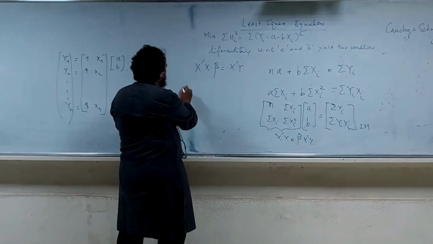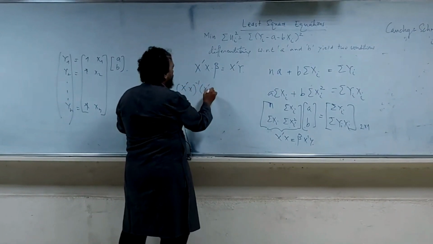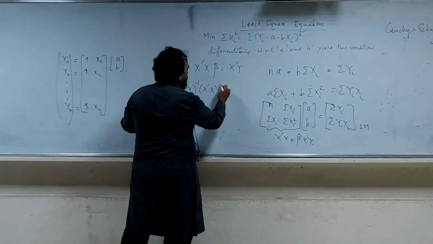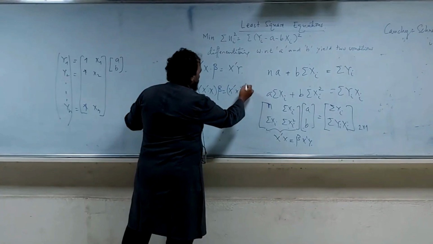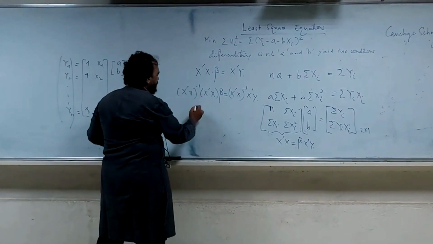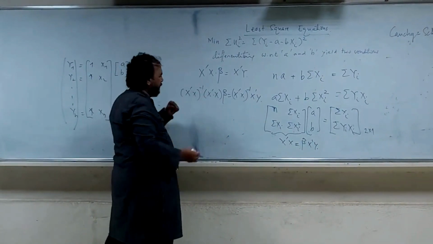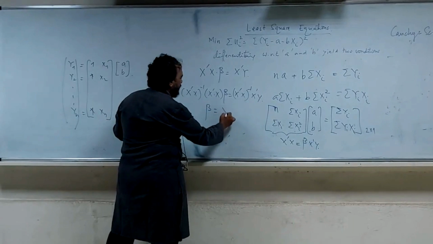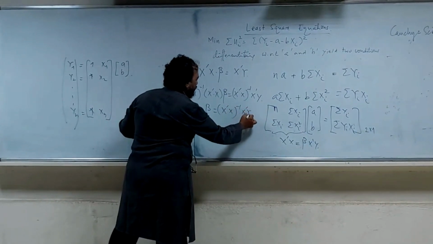Now I multiply both sides by x transpose x inverse: x transpose x inverse into x transpose x into beta equal to x transpose x inverse into x transpose y. This yields the identity matrix, and identity matrix into beta is equal to beta. Therefore, the solution will be x transpose x inverse into x transpose y.